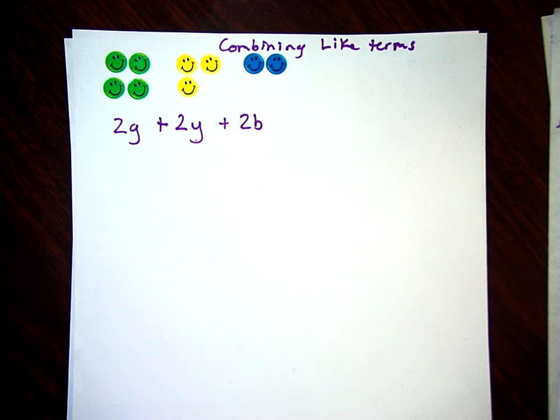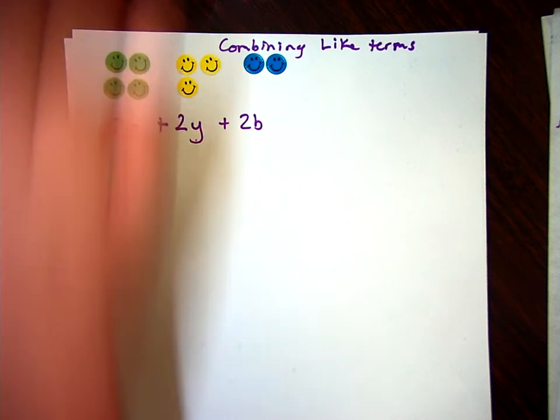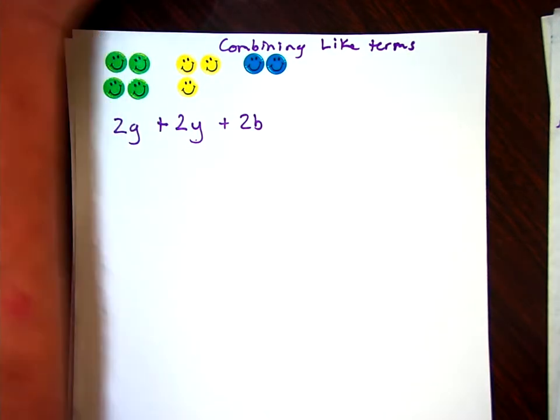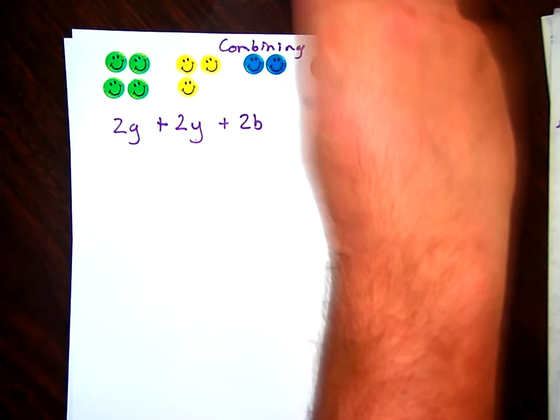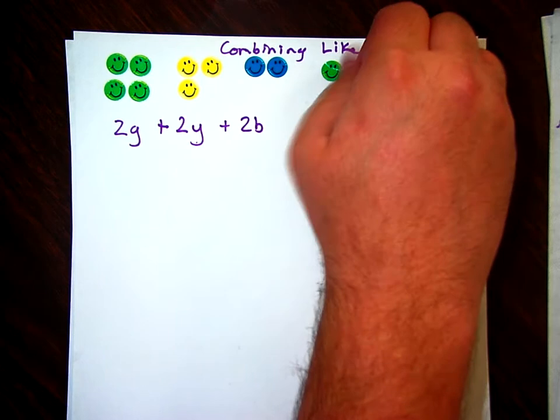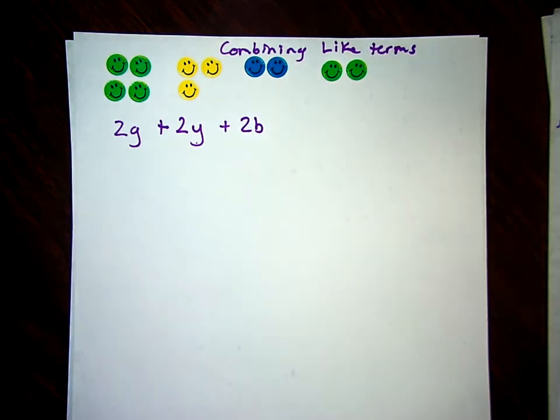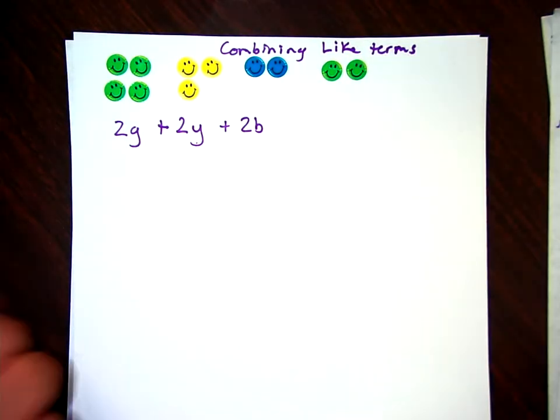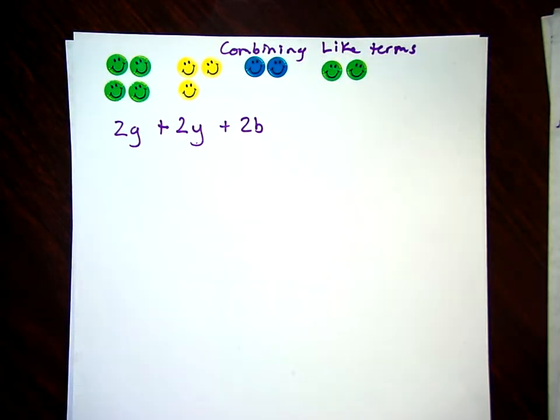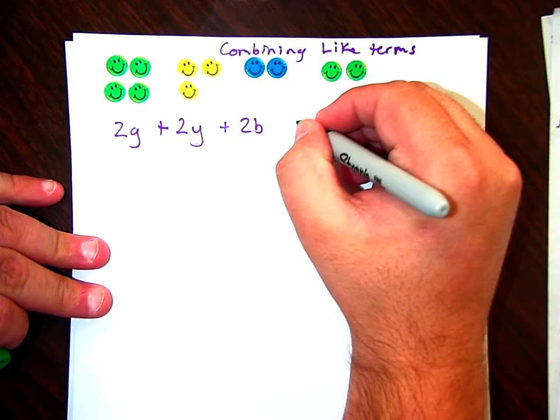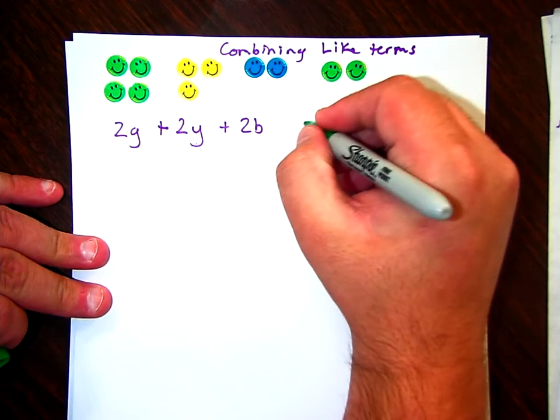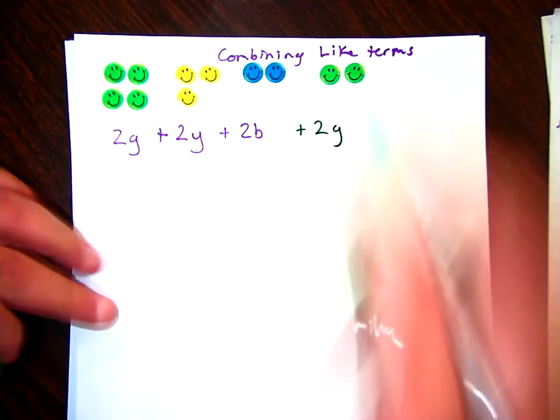You know, some people are fashionably late, so let's say that 2 of our green smiley faces came a little late to the party. Okay, these guys showed up a little late. So we're going to add 2 green smiley faces to our party.